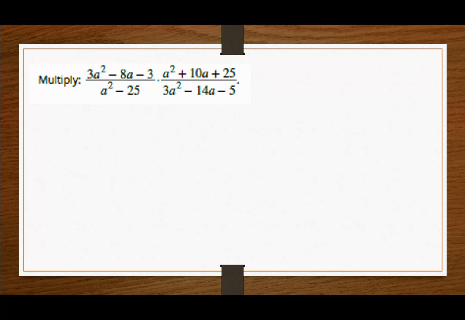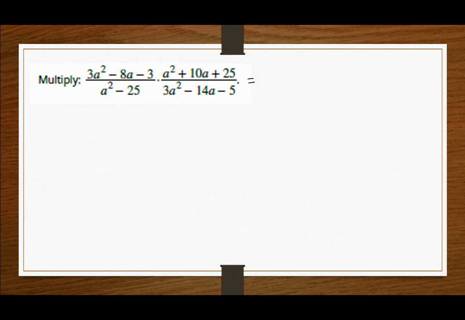Here is a much more complicated version where I'm asked to multiply these two rational expressions together. And what makes a task like this difficult is how well you identify the proper factoring technique to perform. So let's look at the numerator here. 3a squared minus 8a minus 3.